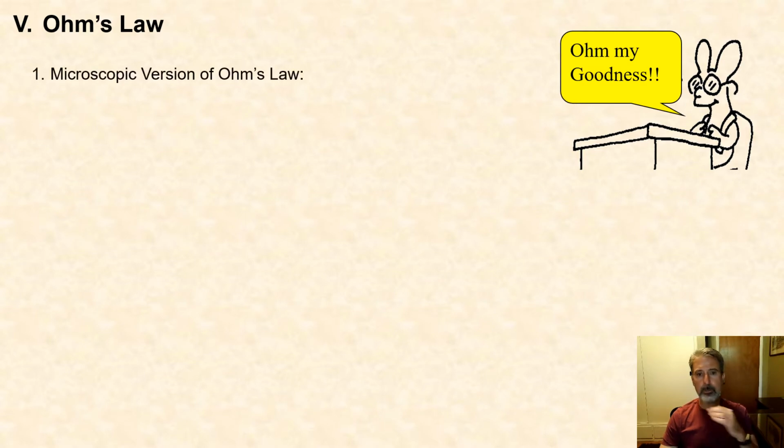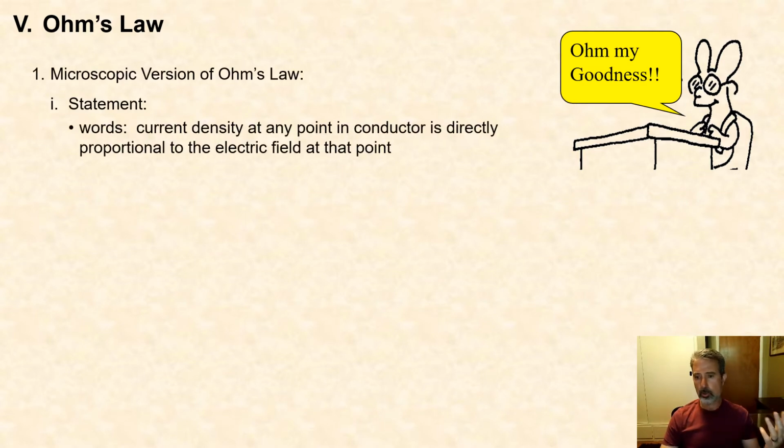So starting with this microscopic version of Ohm's law, we can state this in words as follows. The current density at any point in a conductor is directly proportional to the electric field at that point.